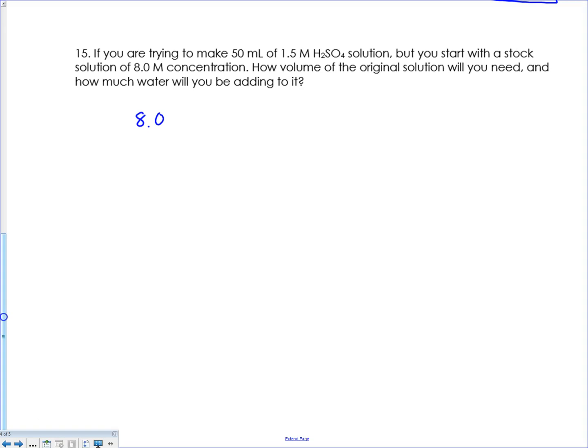It asks what volume of that we need, so that's V1, it's unknown. We're trying to make a 1.5 molar solution with a volume of 50 milliliters. You calculate V1, and you should get 9.375 milliliters.